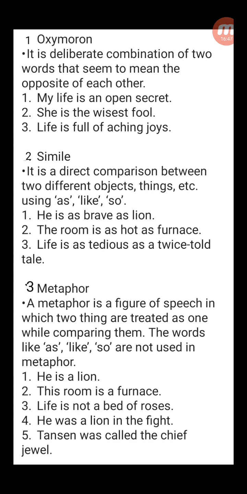He was a lion in the fight. Again, the lion figure is formed in our mind. Tansen was called a chief jewel, Ratna, jewel. So the quality of Tansen which he possessed is of a jewel. Do you all know who Tansen was? He was one of the courtiers in Akbar's court.